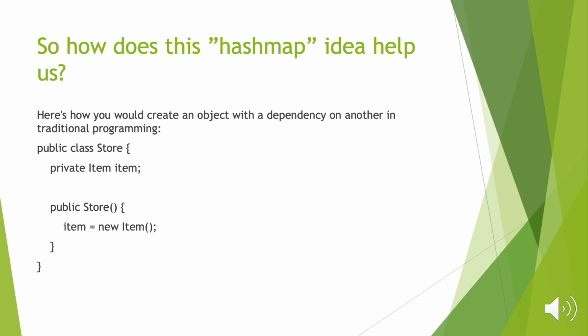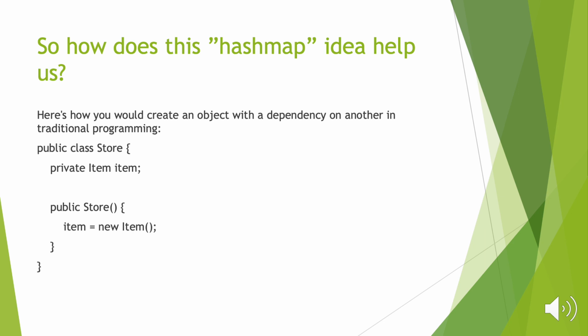Therefore, you can see that the store class has a dependency on the item class and cannot be created without it. The disadvantage of classes creating and handling their own dependencies is that A, it makes the code long, complicated, and difficult to follow as the number of dependencies increase. Here we have a simple example with only one dependency, but you can imagine how complicated and confusing the code would get if the number of dependencies were to increase.